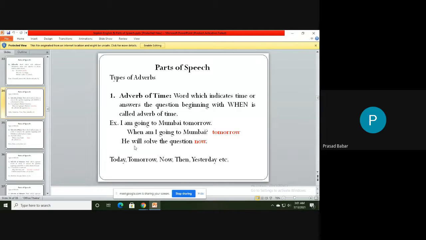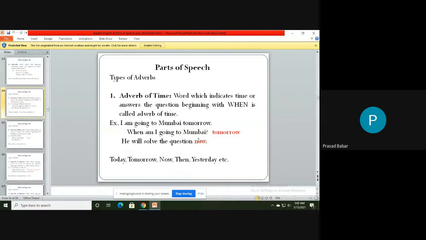Let's move towards the next example. He will solve the question now. Here, now is the word which indicates time, when we ask the question to the verb starting with when. When will he solve the question?